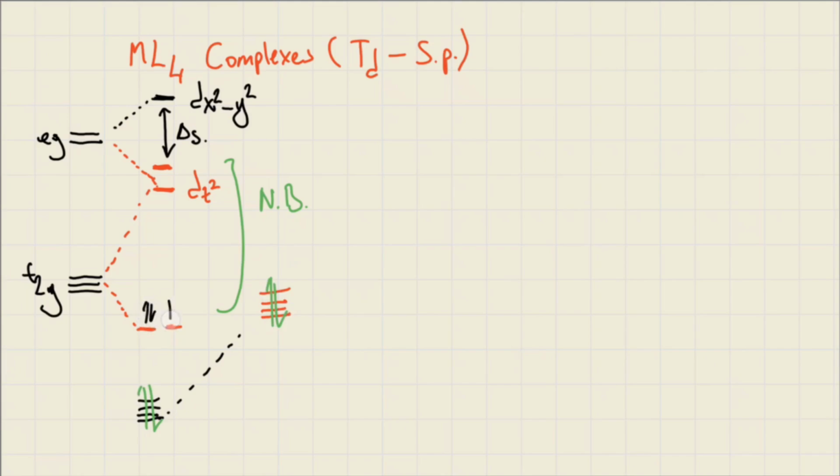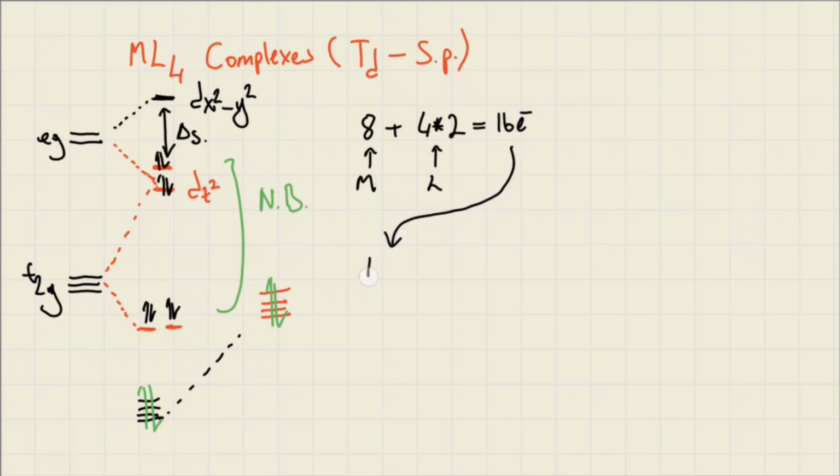We will have 8 more electrons for the non-bonding. So in this case, 8 electrons are coming from the metal center, plus we have 4 times 2, which comes from the ligands. We need 18 electrons. So this is not 18, we have 16 electrons.